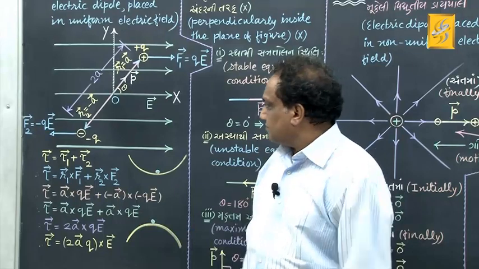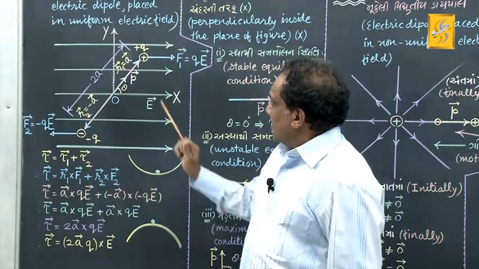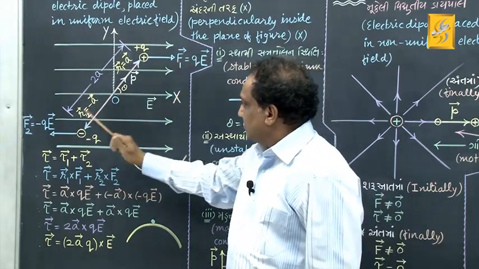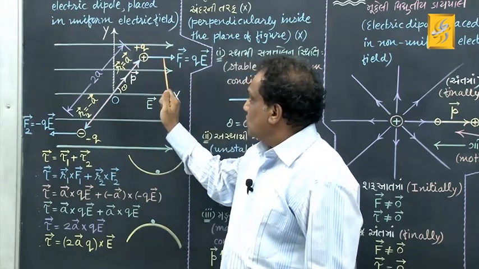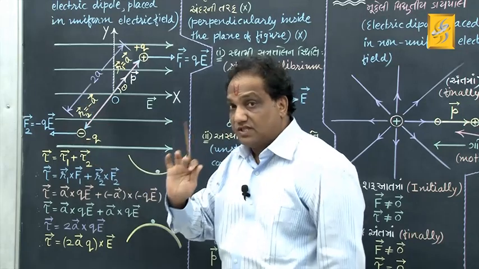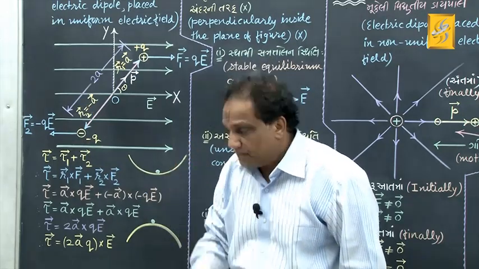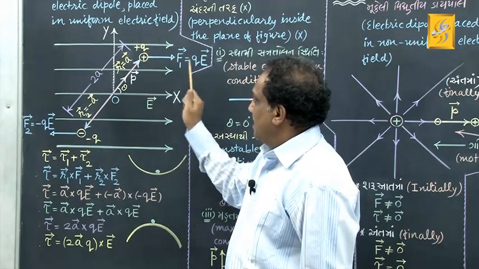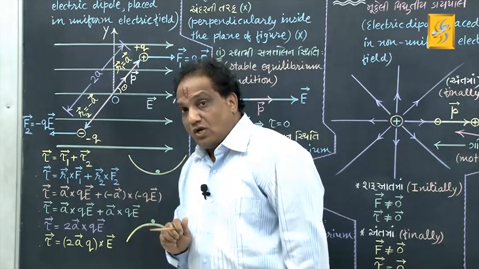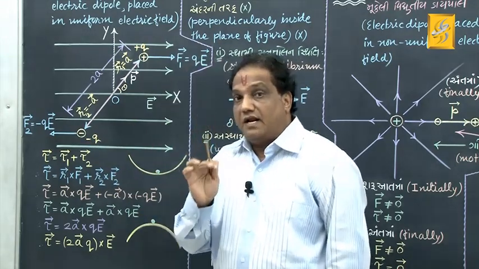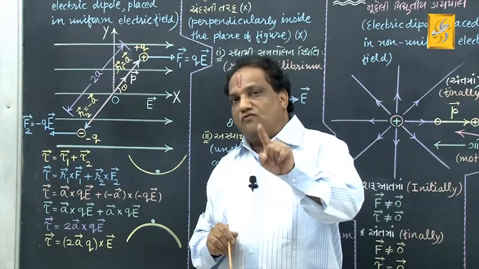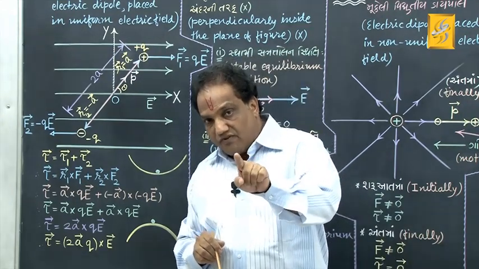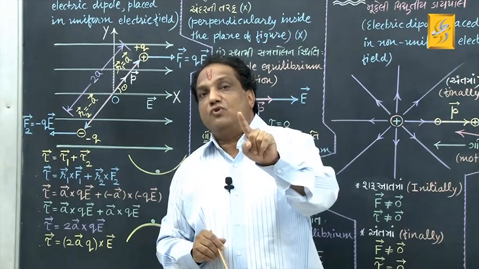Okay, fine. Now, these two forces have equal magnitudes, so you must show these two arrows with the same length. But they are in opposite directions. Not only that, their lines of action are different. Line of action of a force means that line which passes through the force vector.